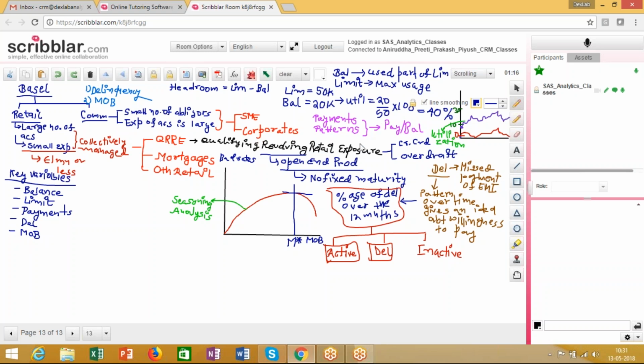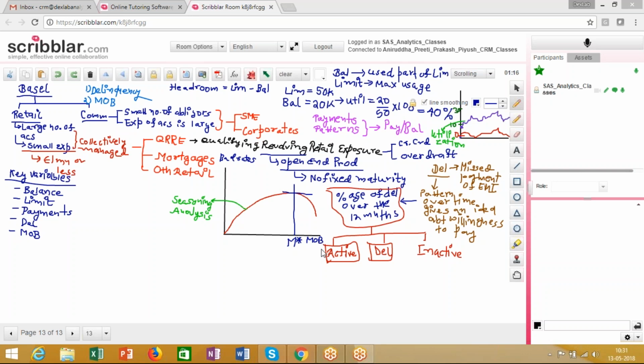So I'll just take this question up first and then carry on. So Akash is asking, is seasoning analysis done on every account to check whether an account is seasoned or unseasoned? No, Akash. This is done on a month on books basis.